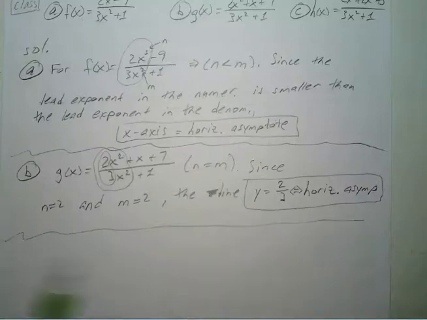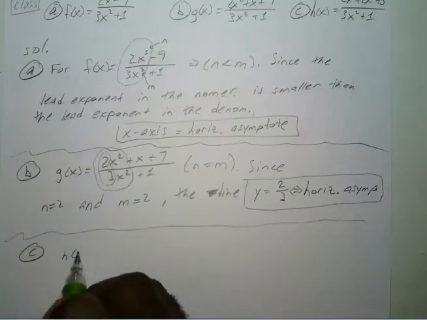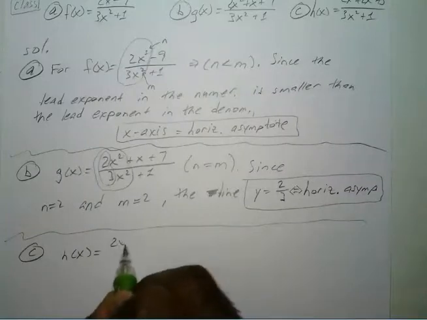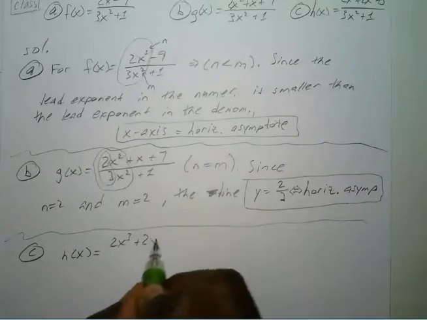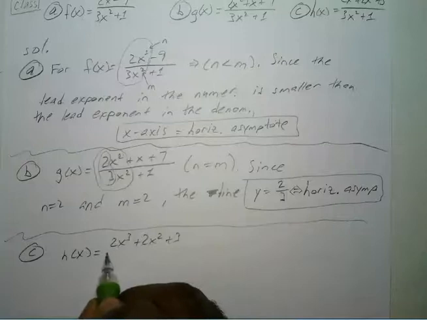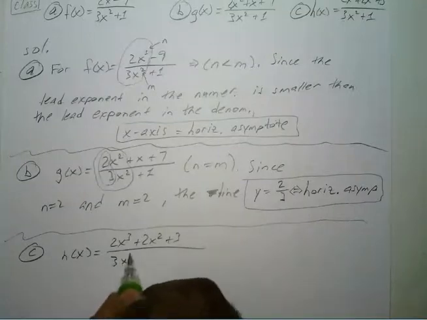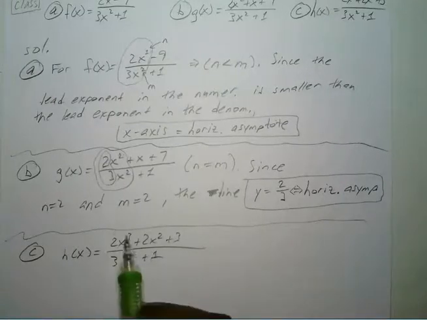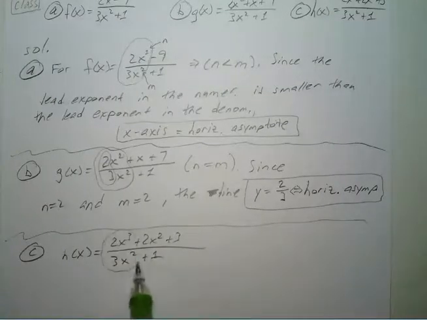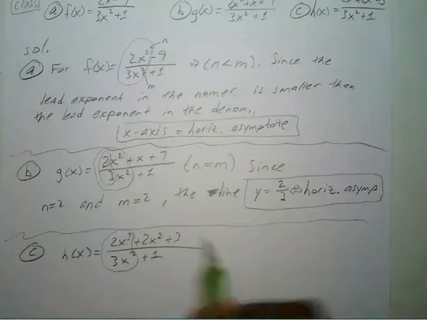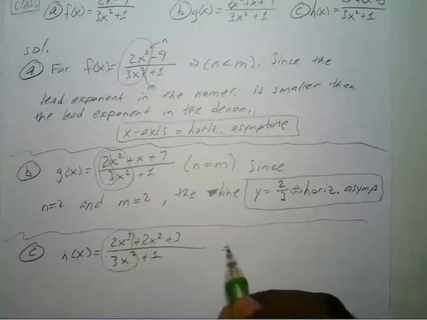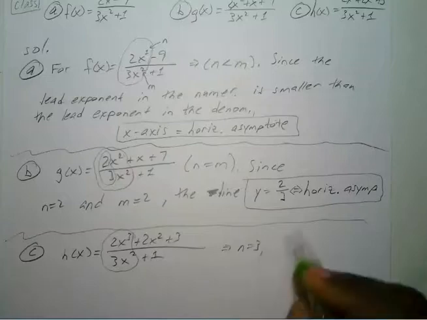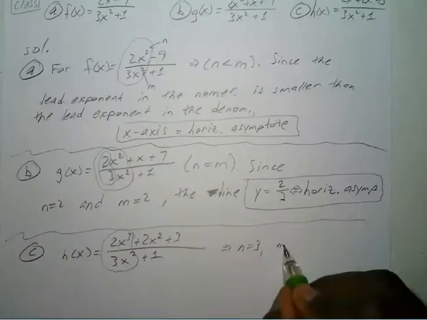Now let's look at C. You have h of x equals 2x to the third plus 2x squared plus 3 divided by 3x squared plus 1. Okay, so looking at our lead term, we see that n equals 3 and m is equal to 2.